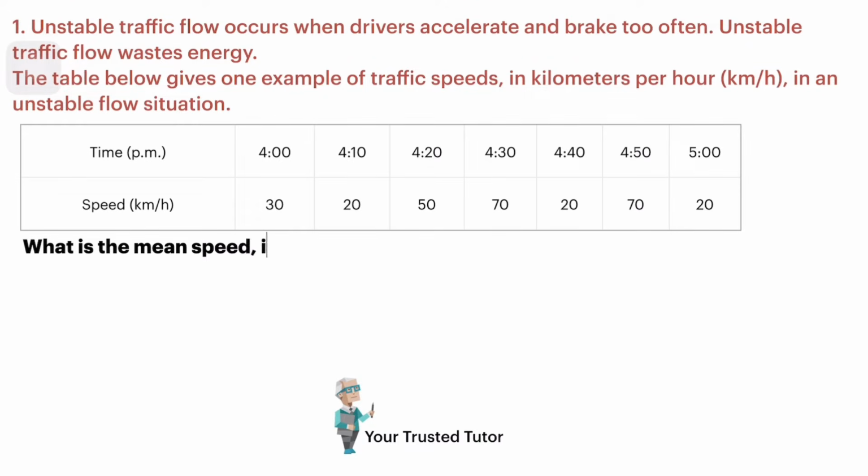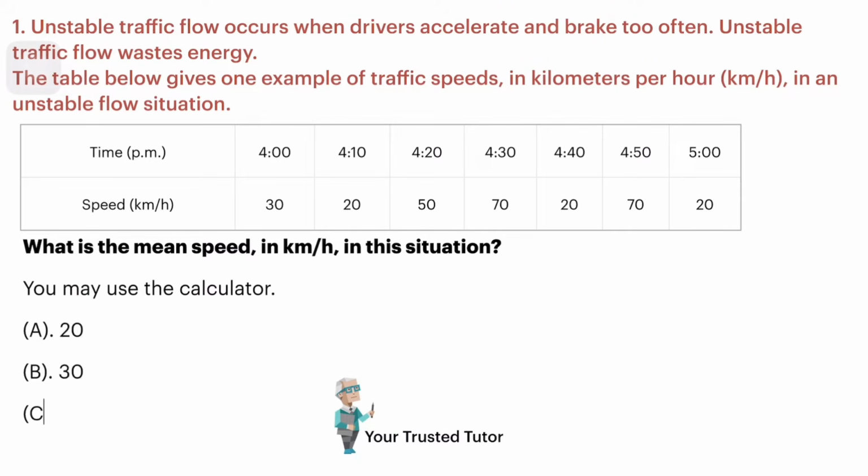What is the mean speed in kilometers per hour in this situation? You may use the calculator. A. 20, B. 30, C. 40, D. 50.